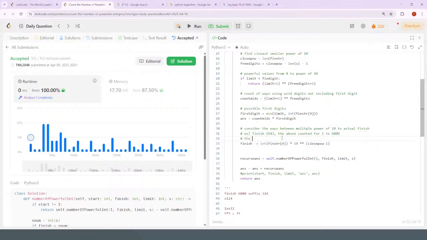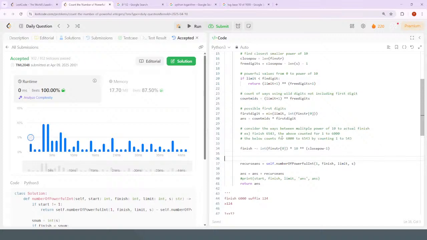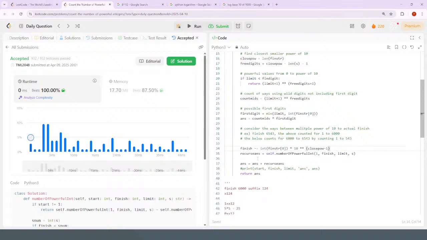The below counts for 6,000 to 6543, using only counts for counting 5, 4, 3. So that's the finish.